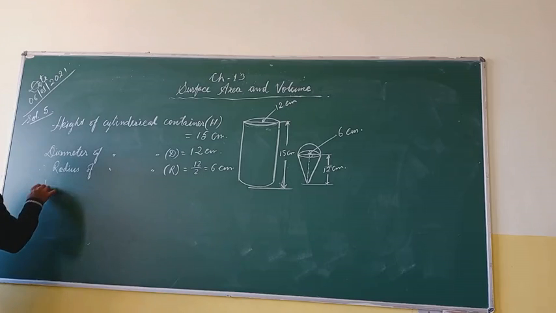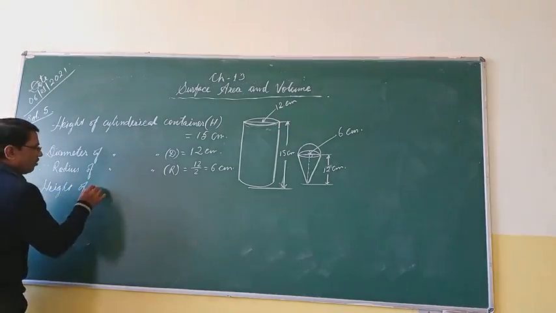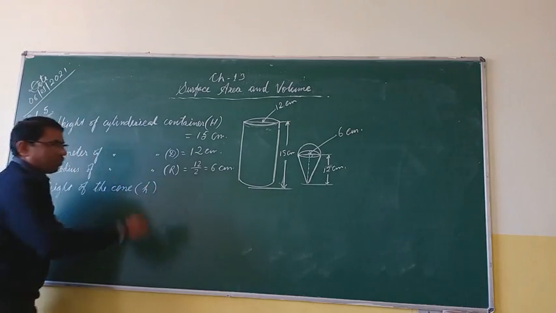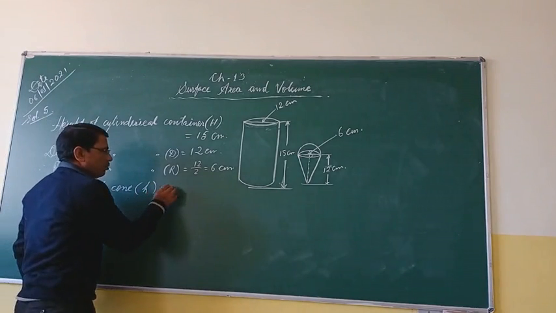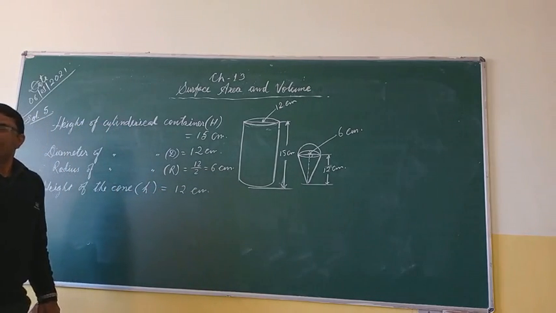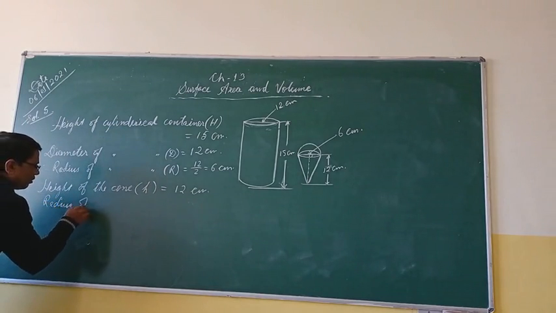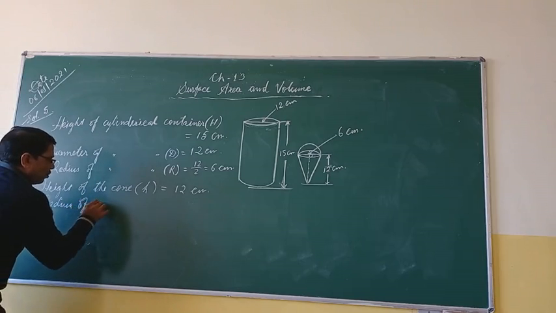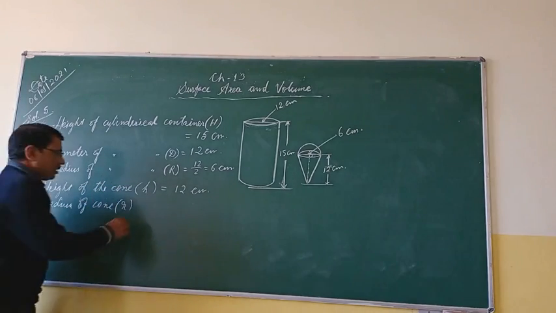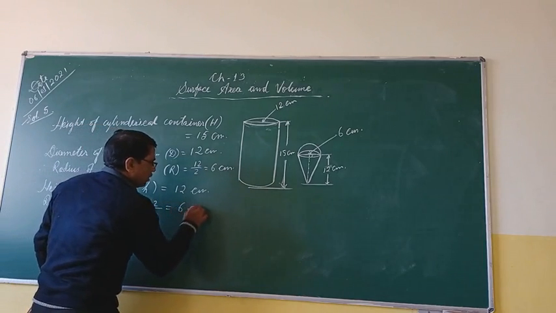Now height of the cone, that is small h, is equal to 12 centimeter. Radius of cone, that is small r, is equal to 6 by 2, which is equal to 3 centimeter.